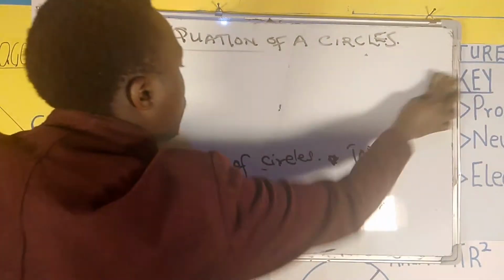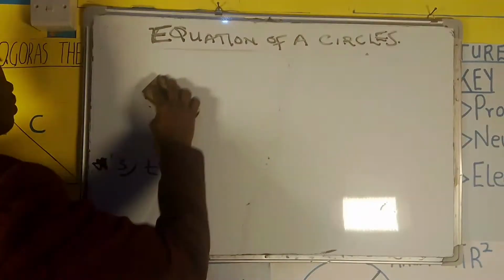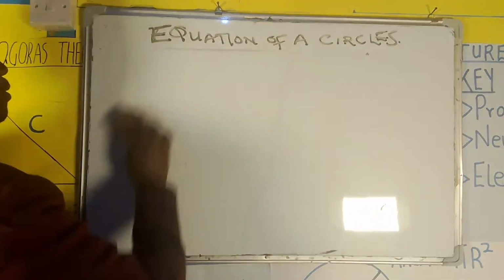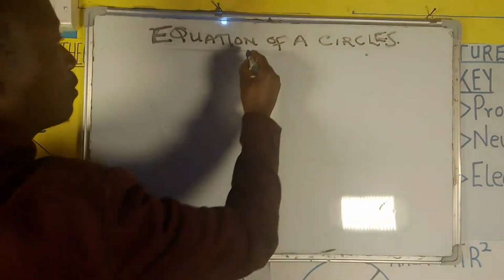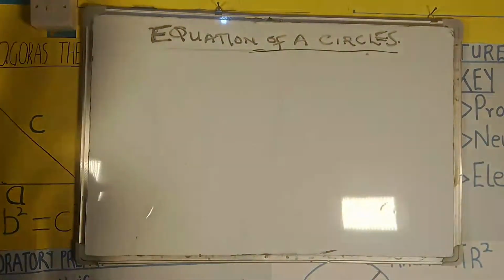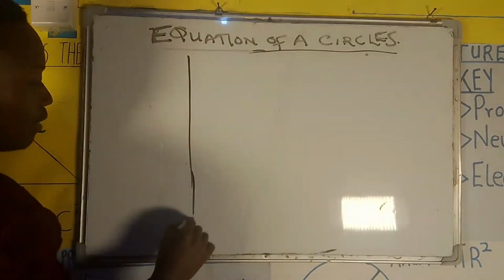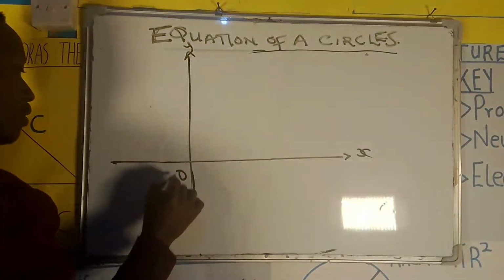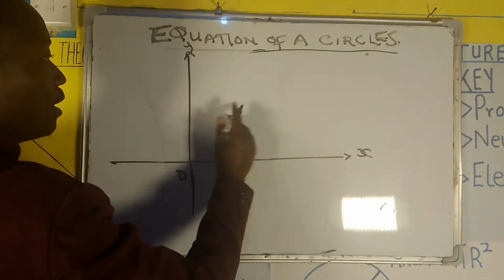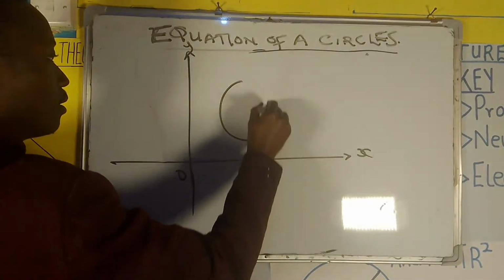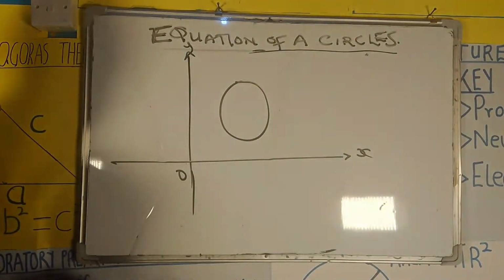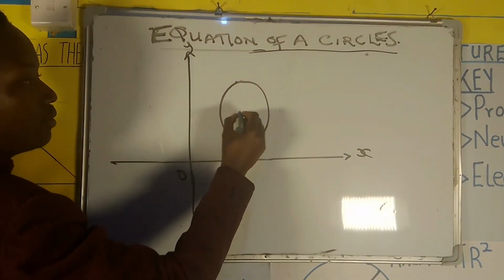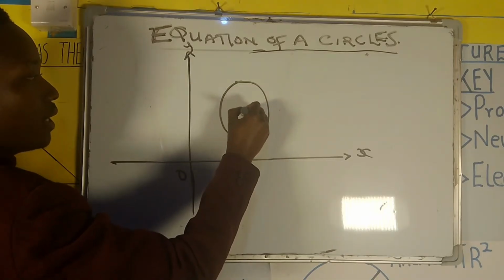Having a Cartesian plane, which is x, y, and 0, and we have a circle here, you can see our circle has center AB.